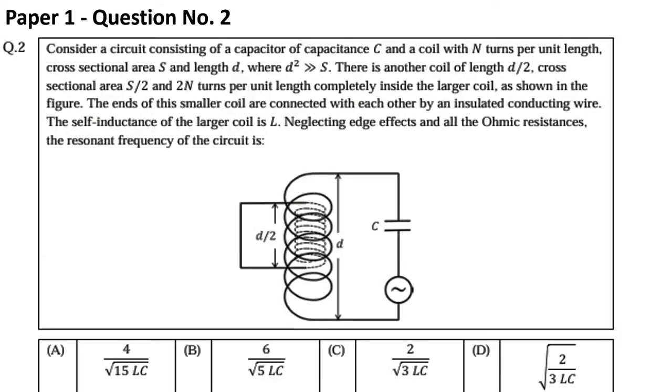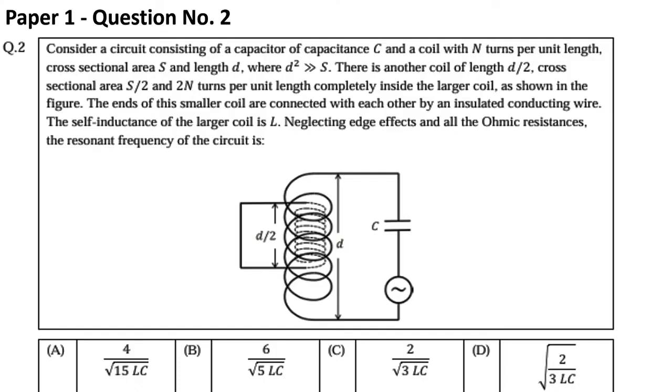We will discuss question number 2, paper 1. First we read the question. Consider a circuit consisting of a capacitor of capacitance C and a coil with n turns per unit length, cross section area S and length D, where D square must be greater than S. There is another coil of length D by 2, cross section area S by 2, and 2n turns per unit length completely inside the larger coil, as shown in the figure.